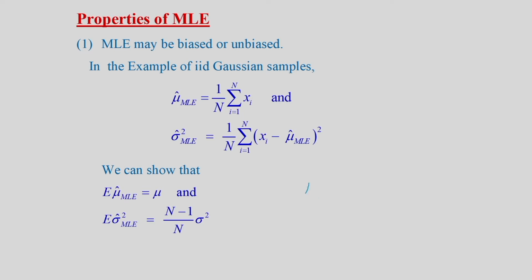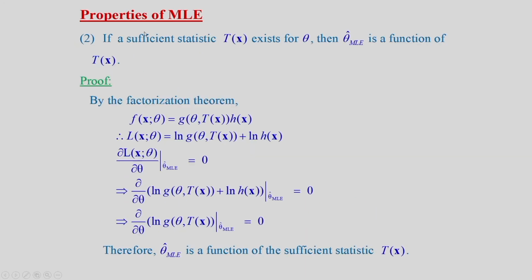So mu hat MLE is an unbiased estimator and sigma hat square MLE is biased. That way, an MLE may be biased or unbiased.